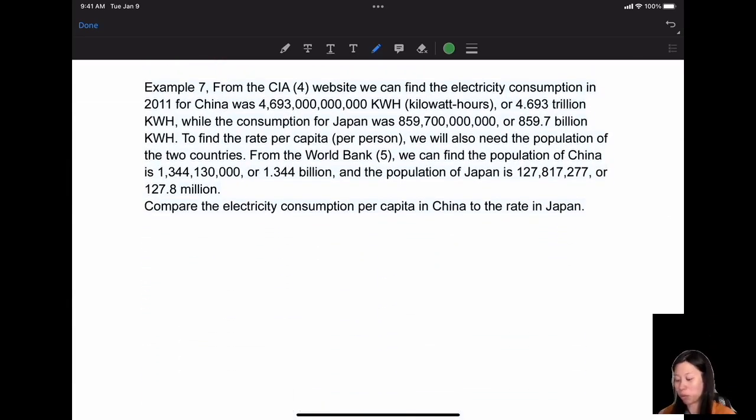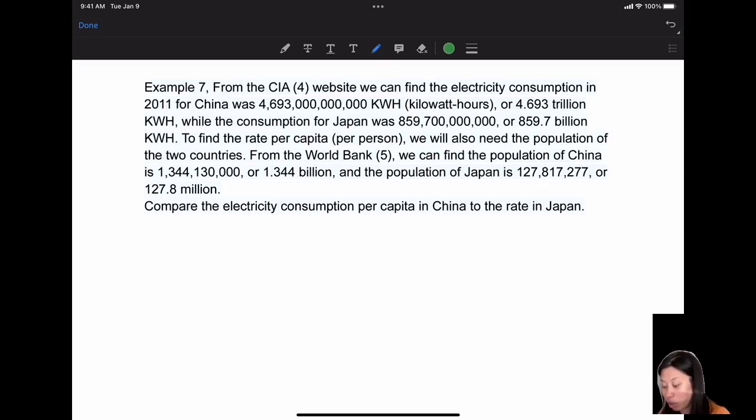Okay, last example. So from the CIA website, we found the electricity consumption in 2011 for China is 4,693 billion kilowatt hours, or 4.693 trillion kilowatt hours.